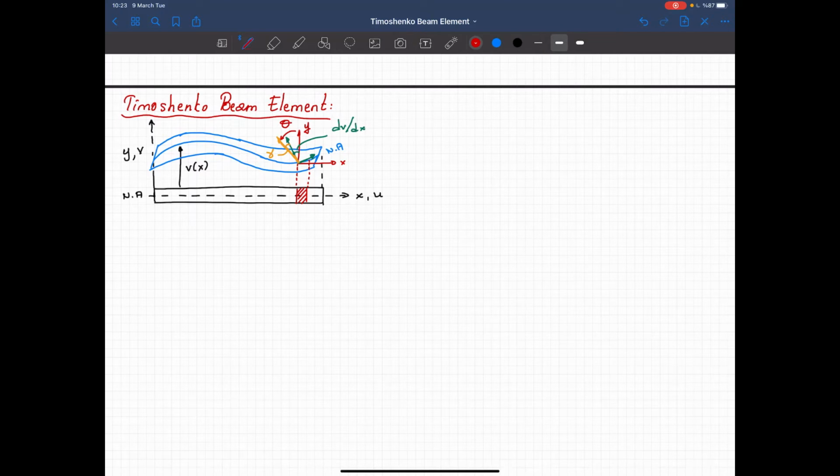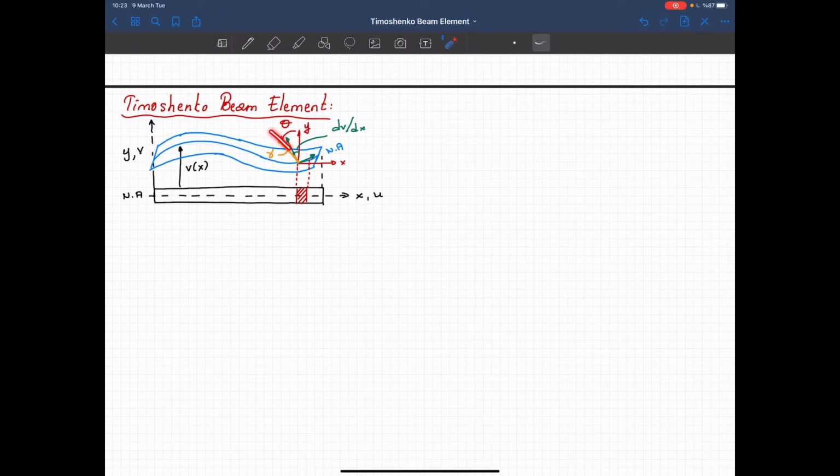In other words, I assume, now that's dv over dx, that's the angle. If we don't have any shear deformation, this is what we see. This is what we assumed in Bernoulli Euler beam. The rotation is equal to dv over dx, okay? Now in the Timoshenko beam, we say that the shear deformation will be linear with respect to the depth of the member.